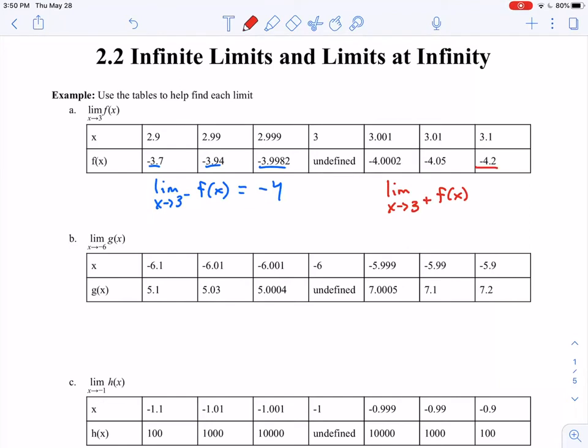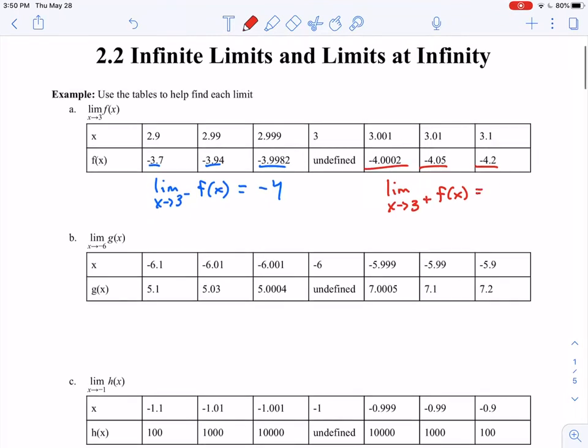What is happening to my y values? Here I've got negative 4.2, negative 4.05, negative 4.0002. Looks like these values are getting closer and closer to negative 4. So I have the left-hand limit is negative 4, the right-hand limit is negative 4, so that means that the two-sided limit then must be negative 4.